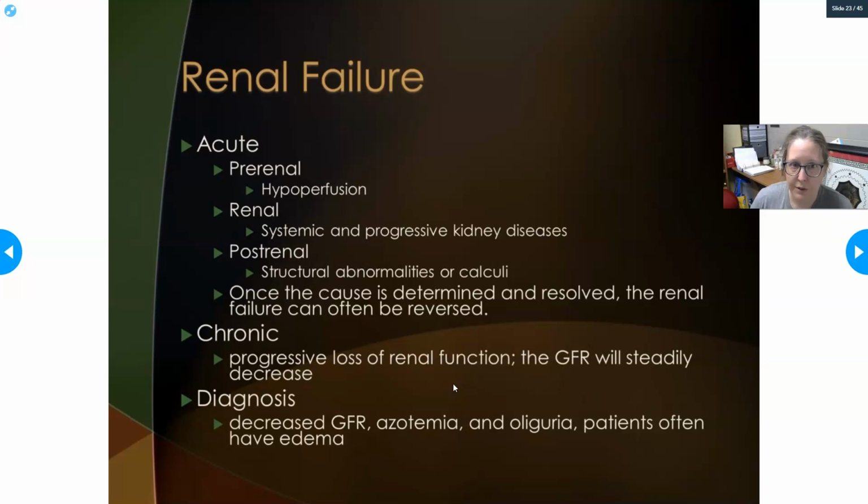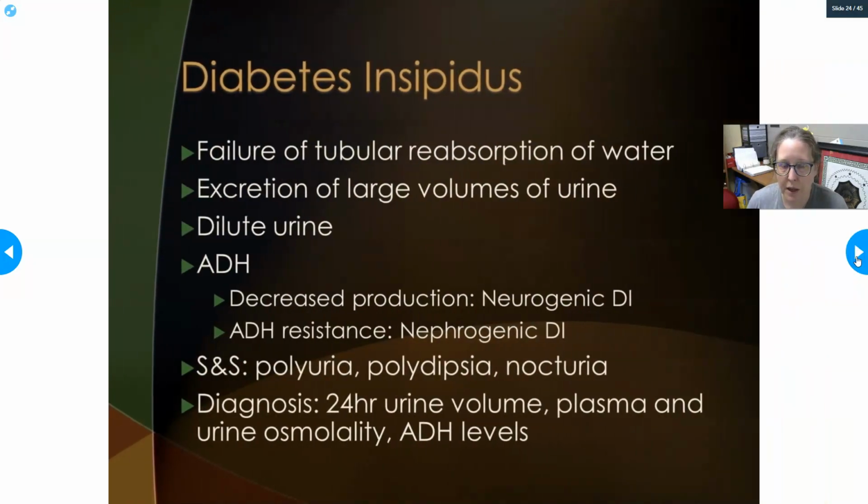The diagnosis of renal failure either way is decreased GFR, azotemia, so elevated BUN and creatinine levels in the blood, oliguria, not producing enough urine, and patients also often have edema because fluids are going in but not leaving, so that's where you get edema with low urine production.